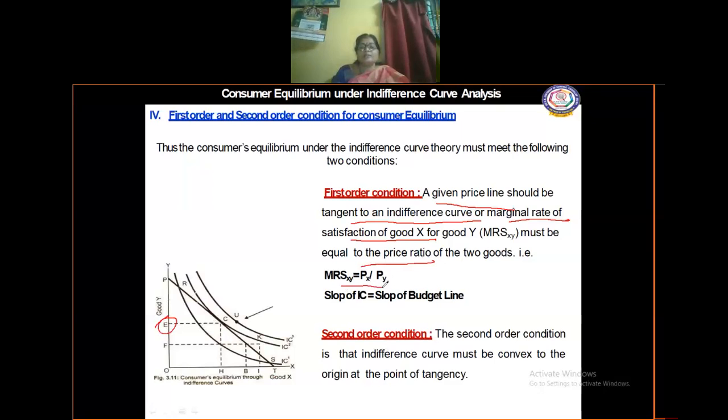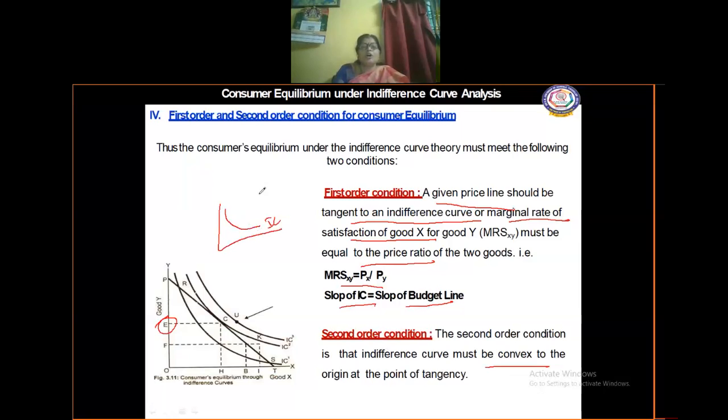And MRS xy is equal to Px/Py, and the slope of IC is equal to the slope of the budget line. So the slope of IC2 and the budget line PT is equal. Now the second order condition is that the indifference curve must be convex. So this is the convex.